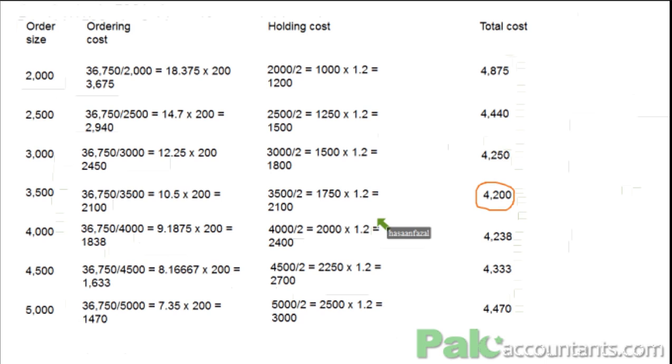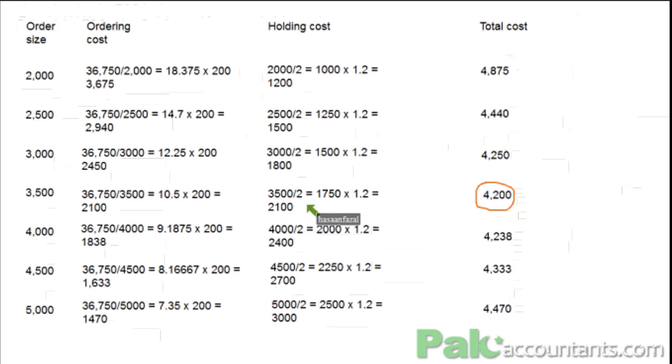So for an order size smaller than the economic order quantity, you can see that your ordering cost is more than holding cost, and because of the higher ordering cost your total cost is higher. But as you increase the order size, your ordering cost will be reducing, as you can see, but as a result your holding cost will start increasing.